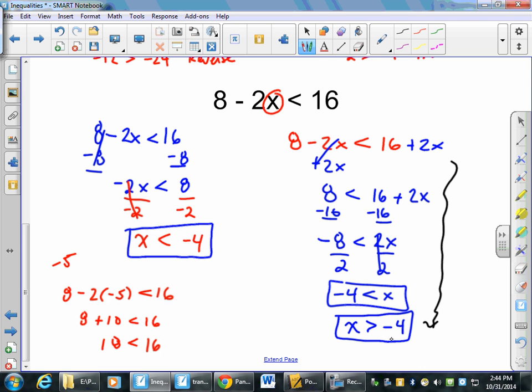In fact, we could pick some numbers that are larger than negative 4, plug them in, and they should make the inequality true. So here's further confirmation that we should have reversed this inequality if it was solved in this manner.